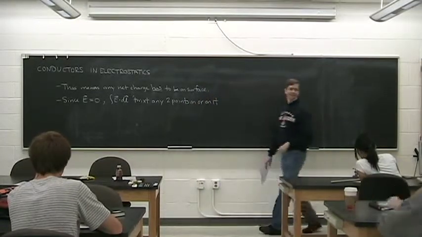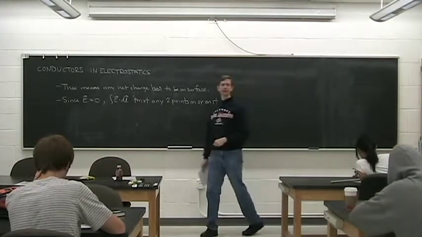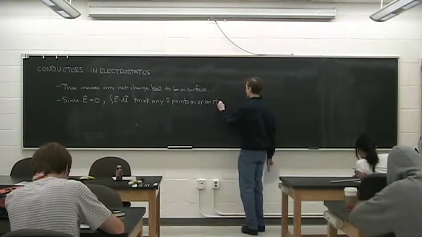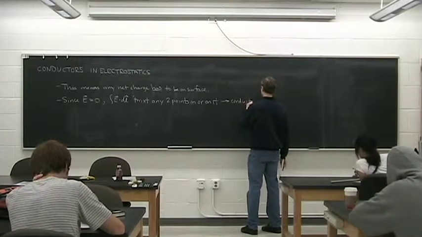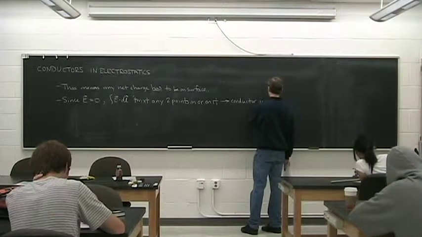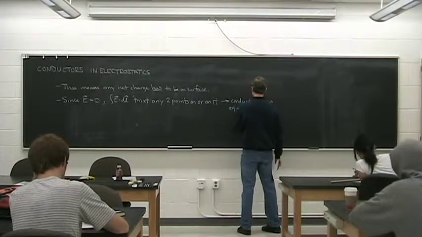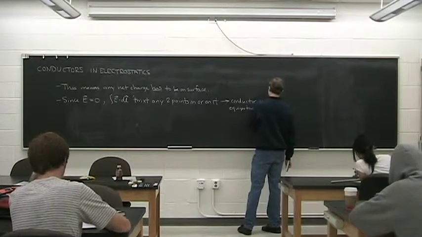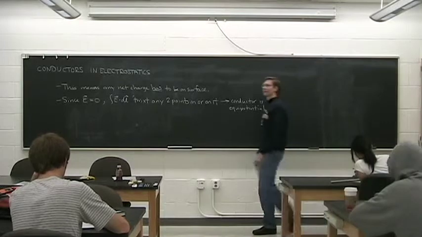So the integral of E dot dl between any two points in or on the conductor is going to be zero, or in other words, our conductor is an equipotential. Every point in and on it is at the same potential. So there's a single V for the entire conductor.